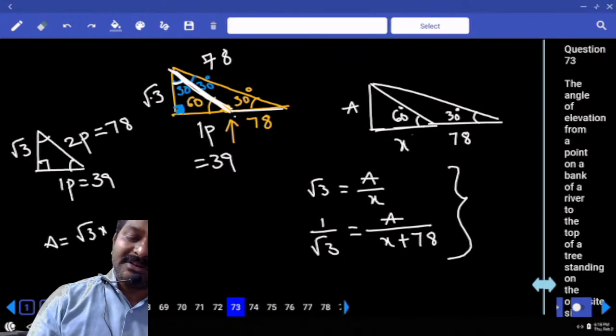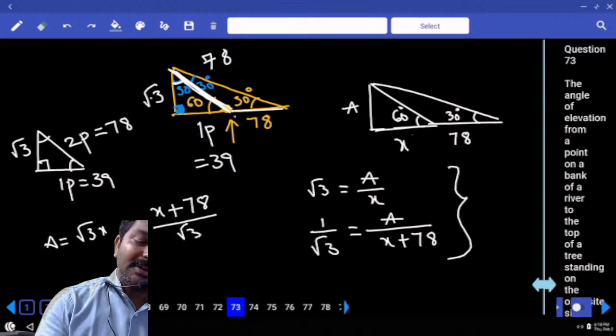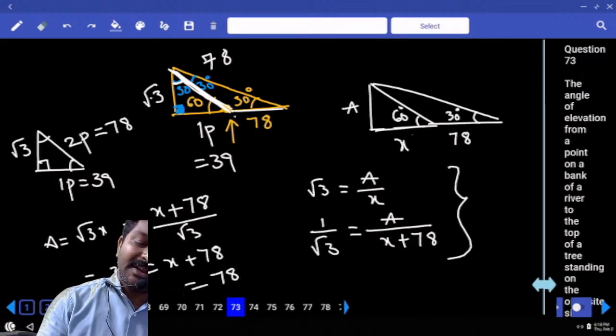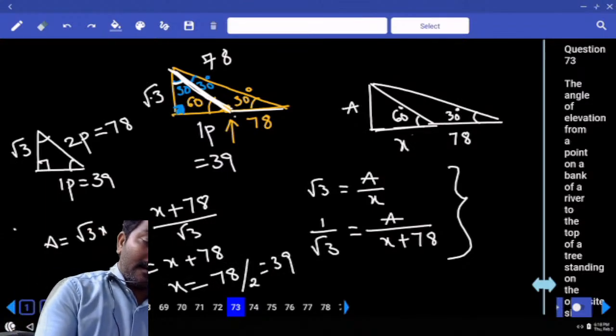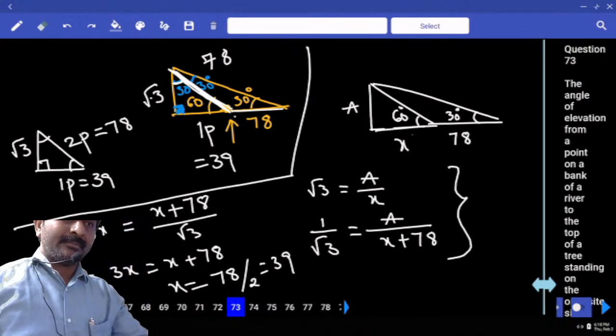From the second equation, a is equal to x plus 78 by root 3. From this, 3x is equal to x plus 78, 2x is equal to 78, x is equal to 39, answer 39. This way also you can solve. Okay?